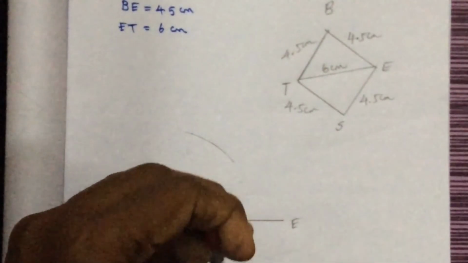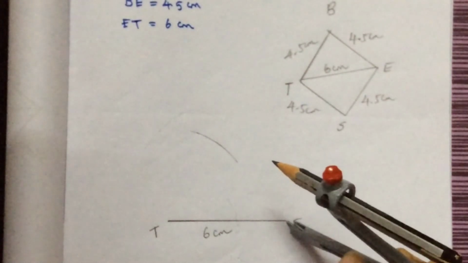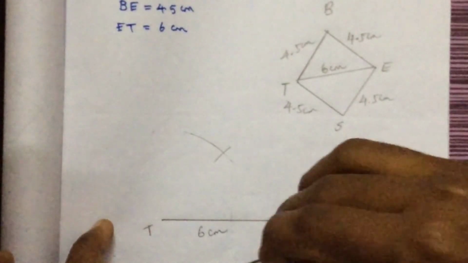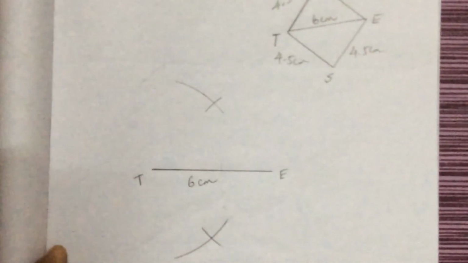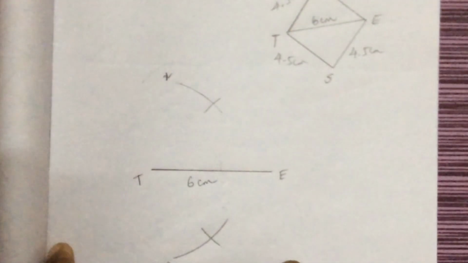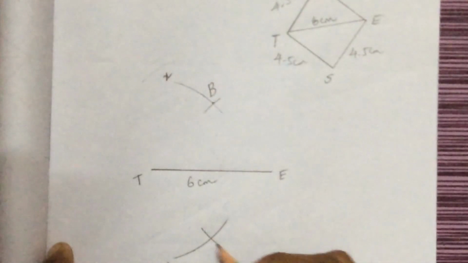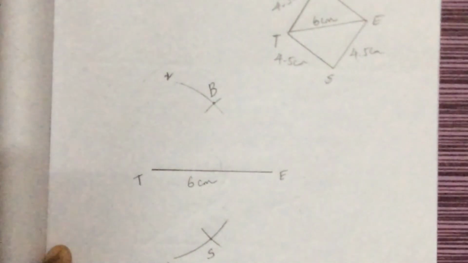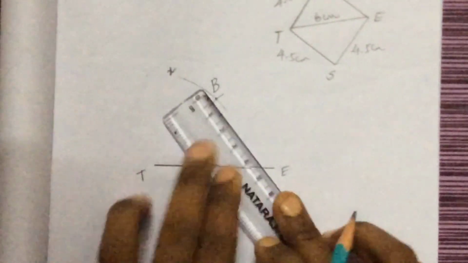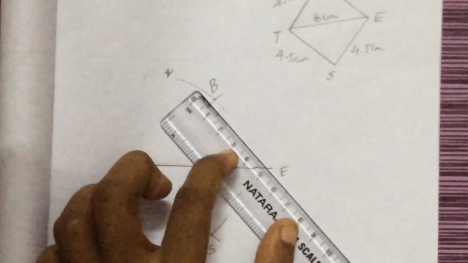So I will cut the arc both top and bottom with the same 4.5 centimeter radius, like this. Now let me name it as X, this is Y, this point is B, this point is S. Now I will join this. This is how it looks.